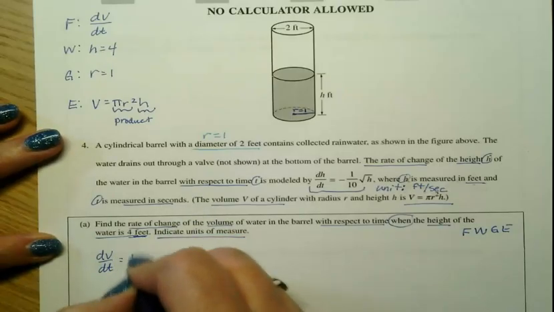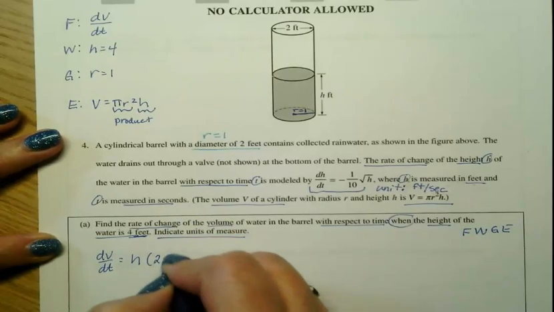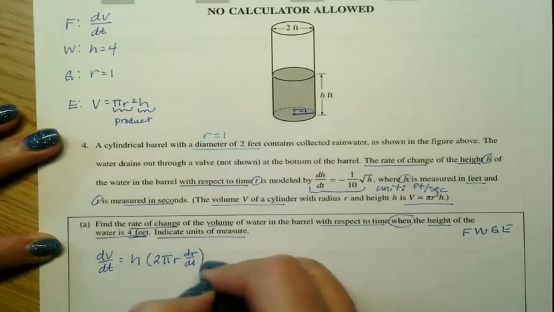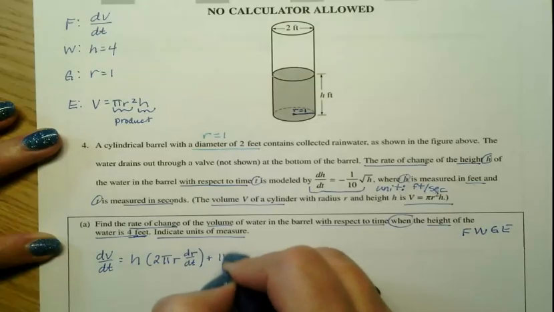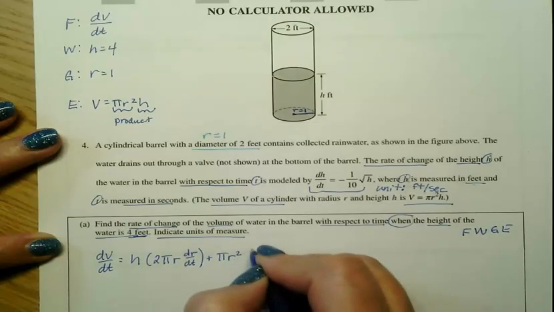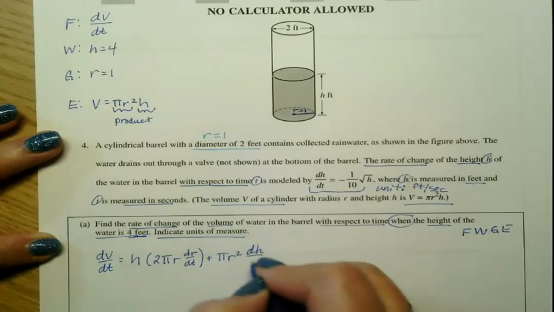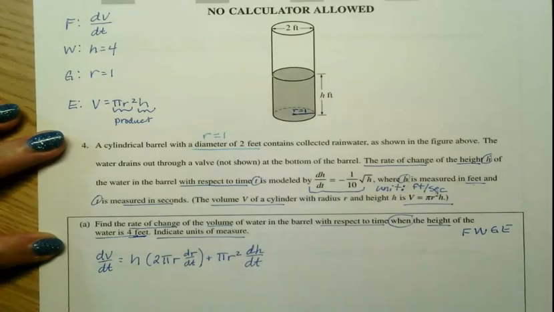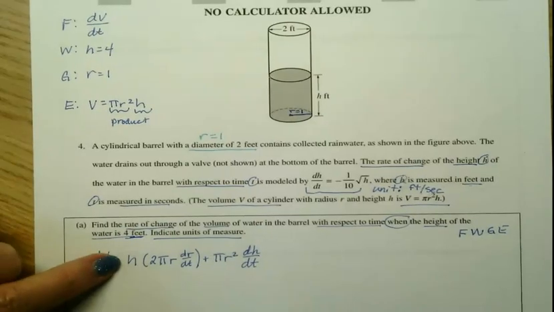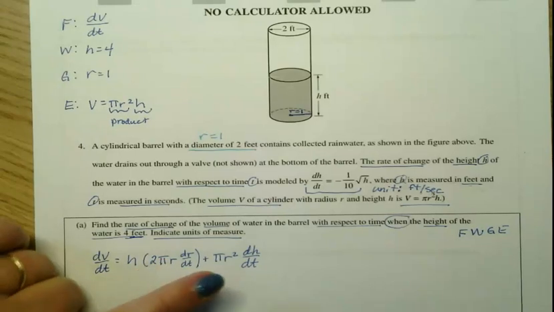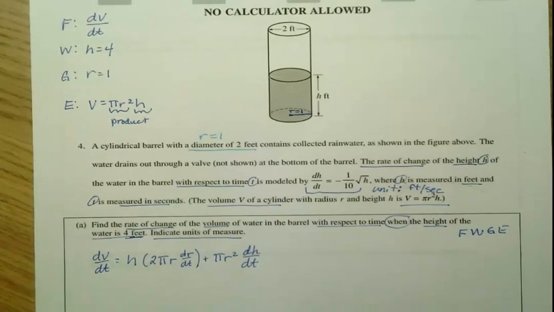So it's the second times the derivative of the first, 2 pi r dr/dt, plus the first, pi r squared, times the derivative of the second, which is dh over dt. So as I look at my FUEGI, this is what I'm solving for. I have a height, I have a radius, I don't have a dr/dt, and I don't have a dh/dt. So I'm going to go back up to my problem and figure that out.